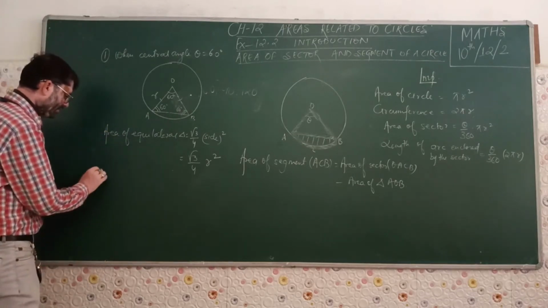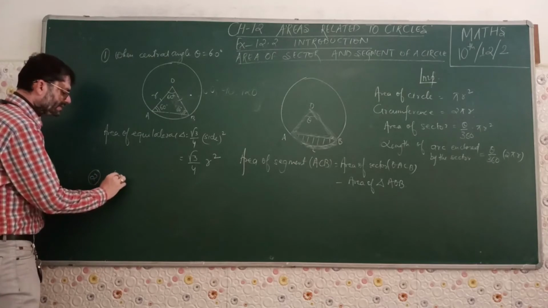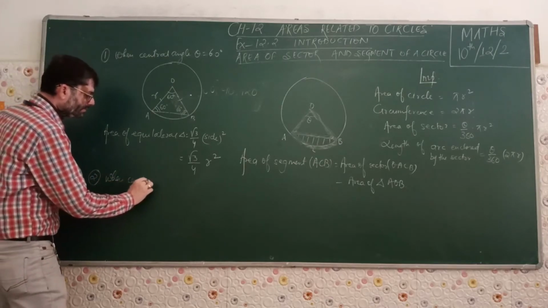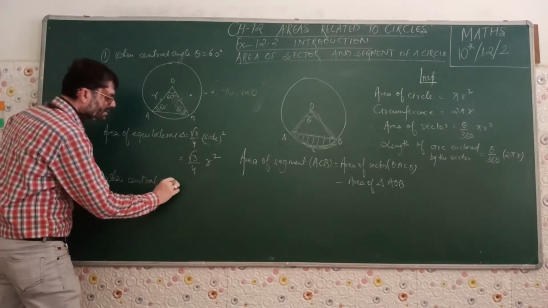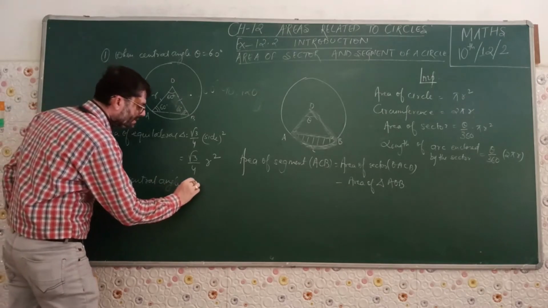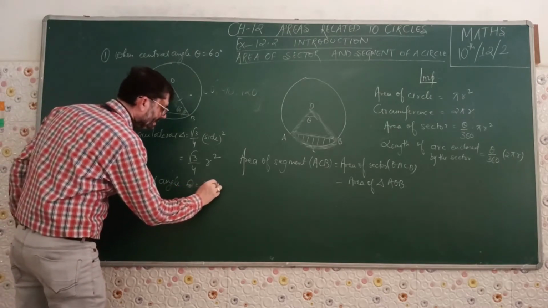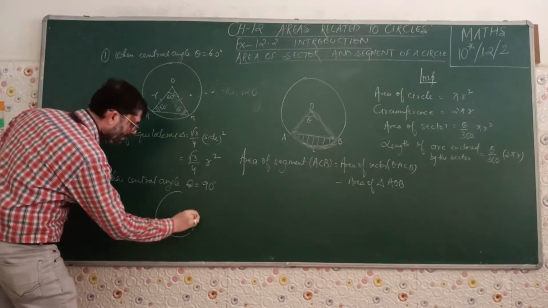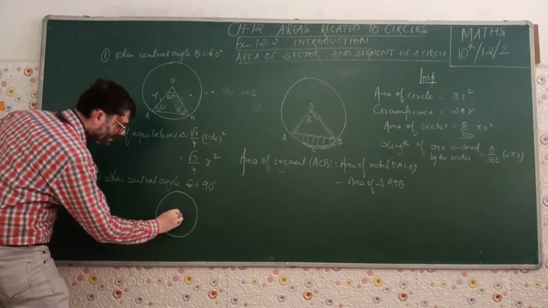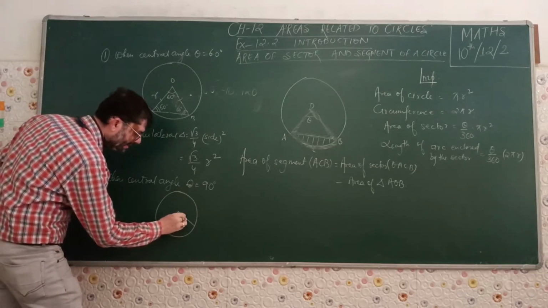The second condition, when the central angle theta is 90 degree. So this is my triangle and the angle here is 90 degree.